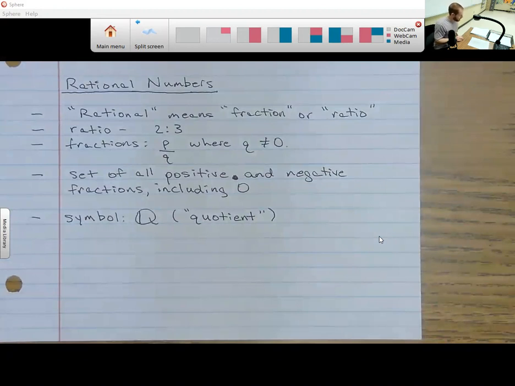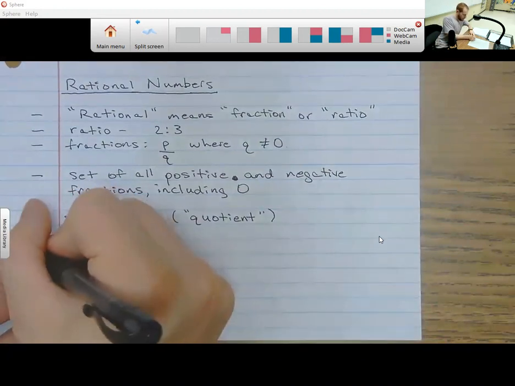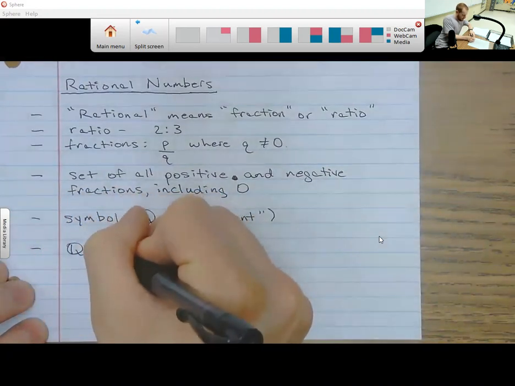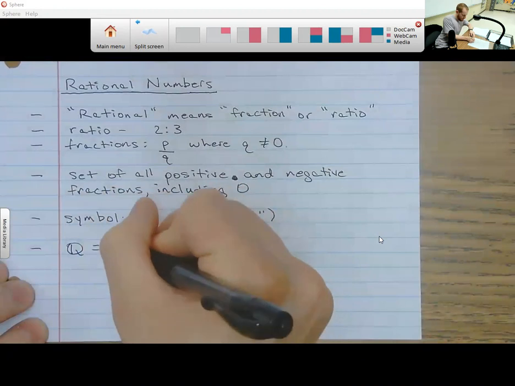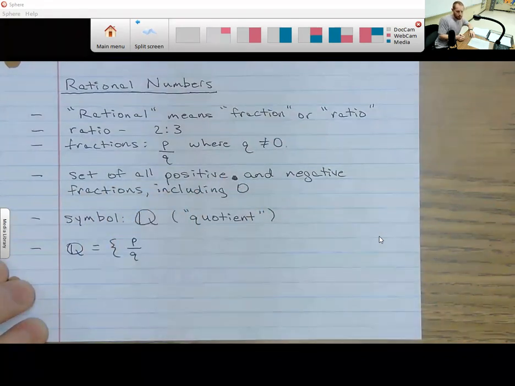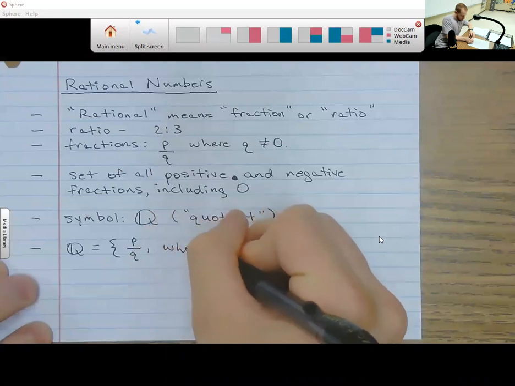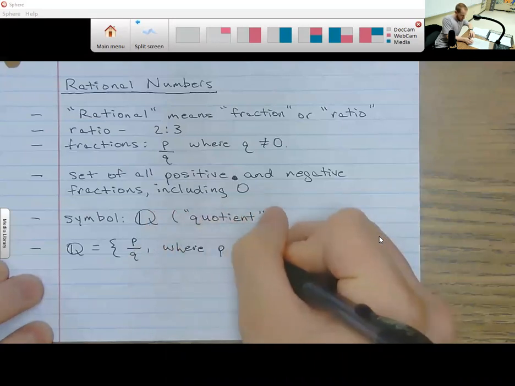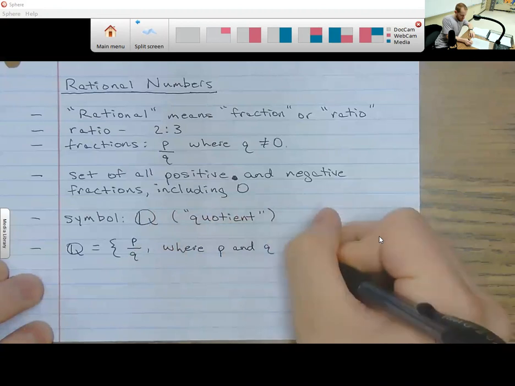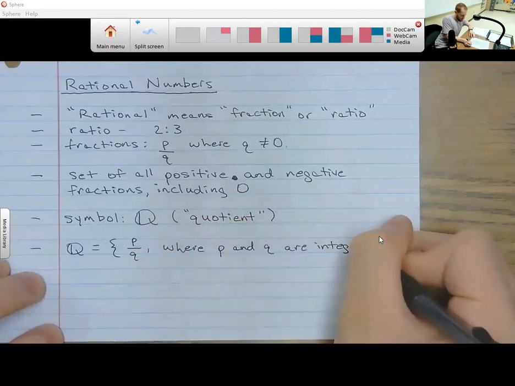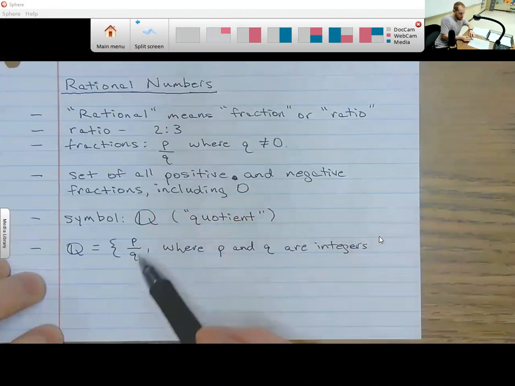So how do we write Q? Q is going to be equal to the set of all fractions, P over Q, where P and Q are whole numbers. They are integers, right?